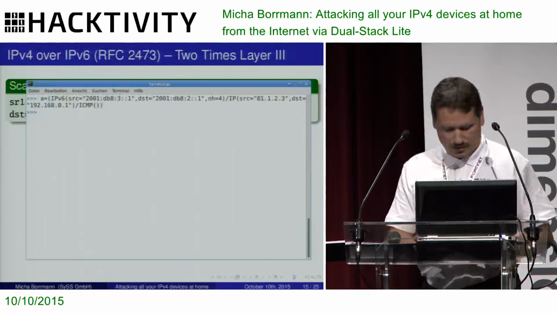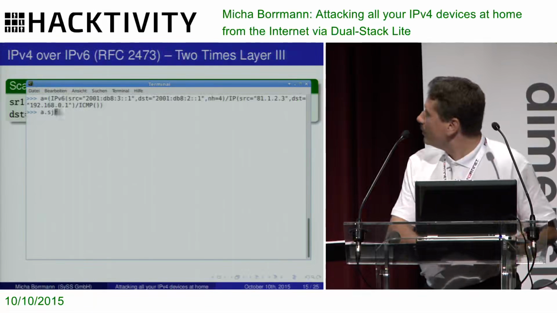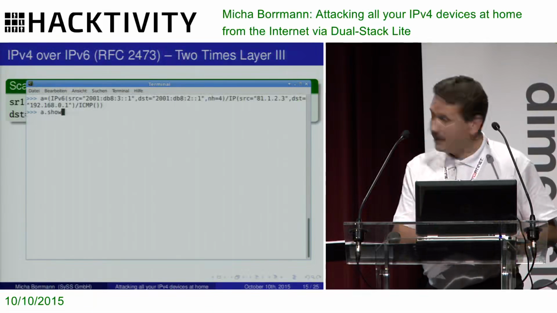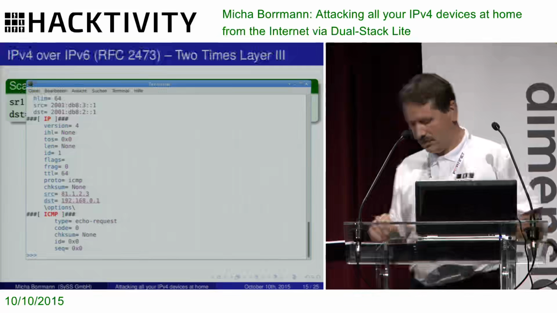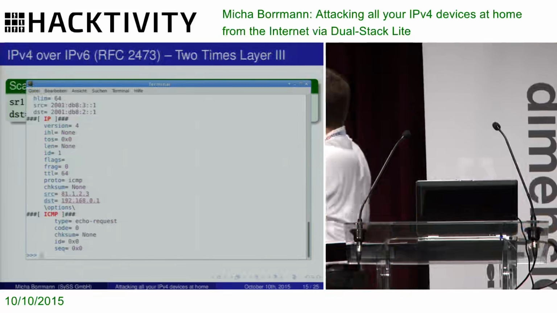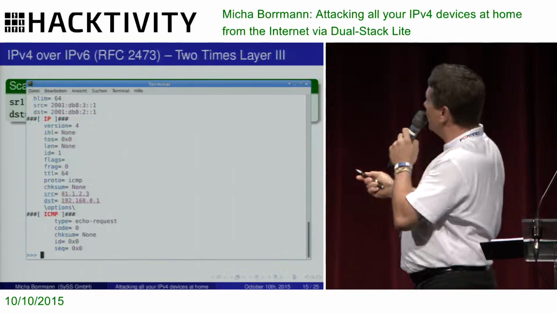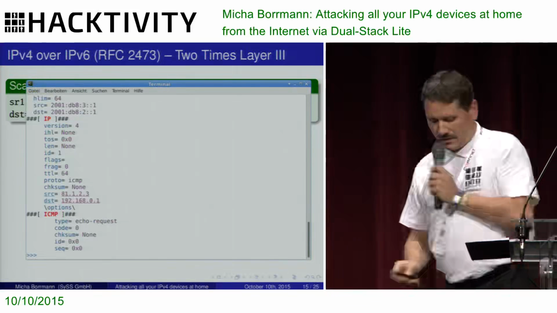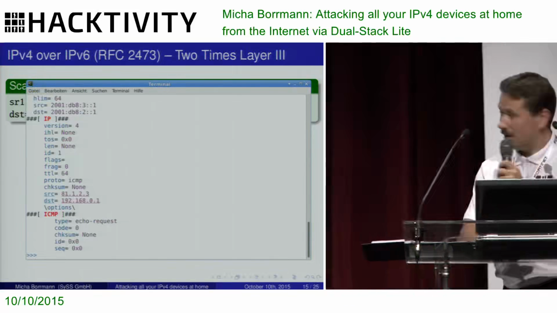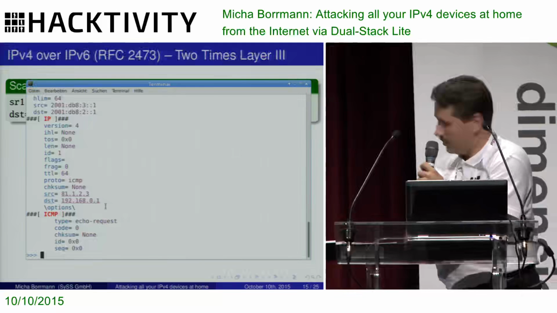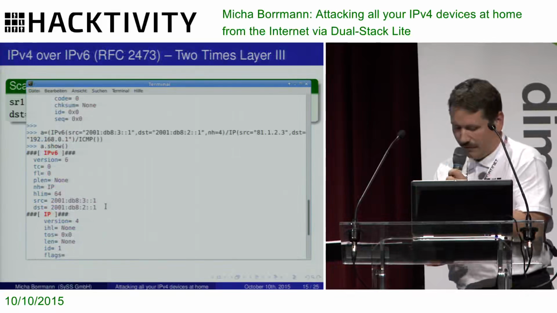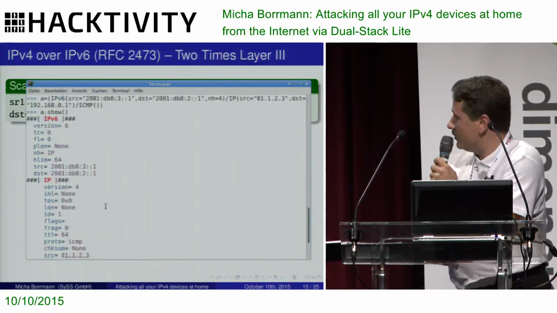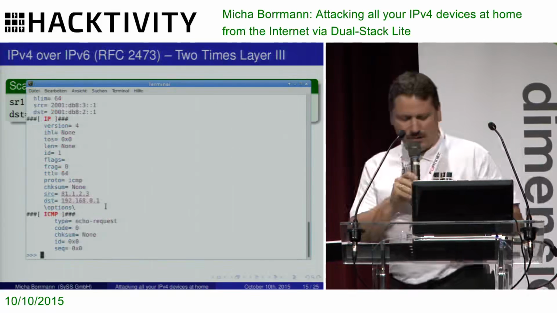And if you show the packet, you see IP, that's what you expected, and IPv6. Both are layer 3, but you have 2 times layer 3. That's a little bit strange.